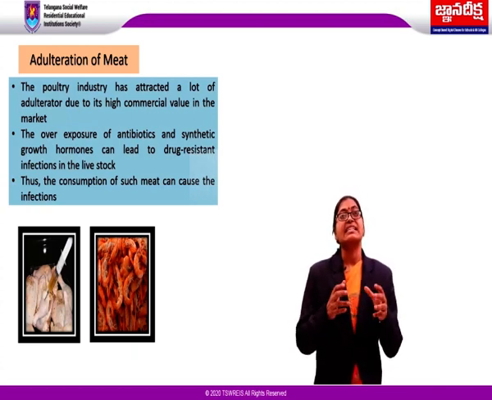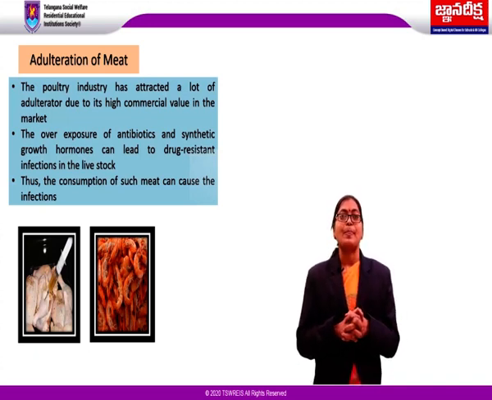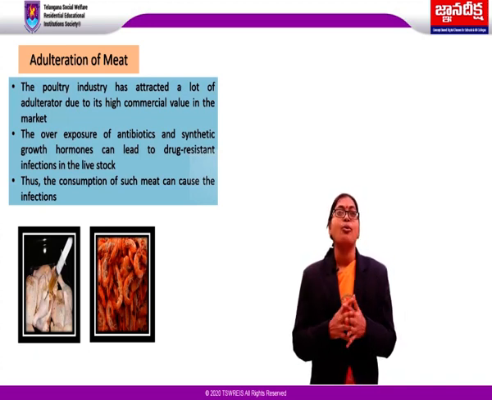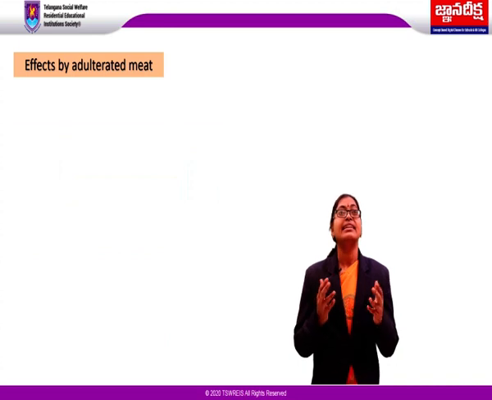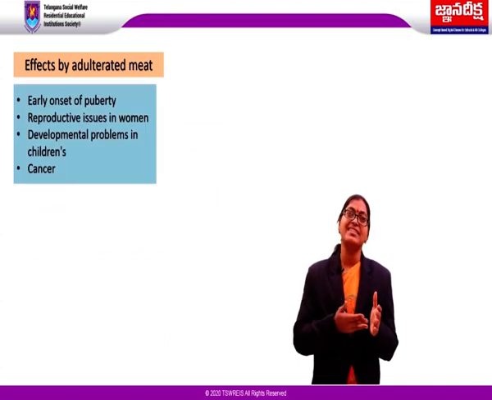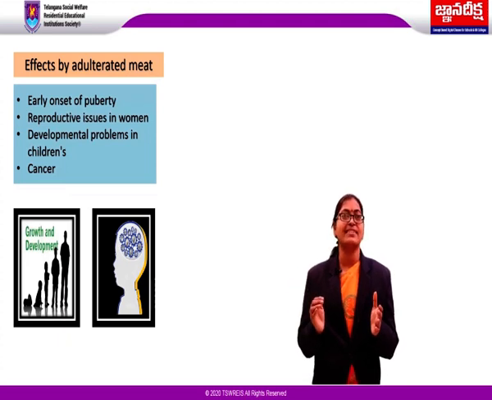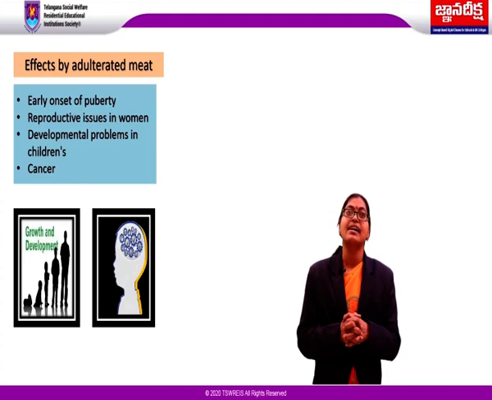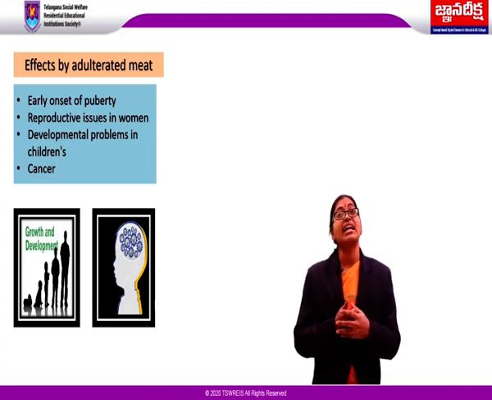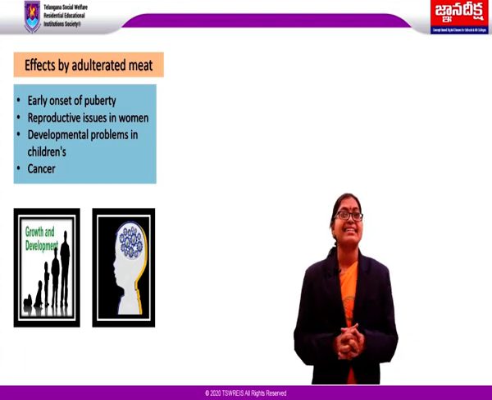Thus, the consumption of such meat can cause infections. Now children, we are going to see the health effects on human health. Early onset of puberty means the adolescent age comes very fast, sooner in young children. At the same time, reproductive issues take place in women and developmental problems occur in children. Finally, it may lead to cancer also.